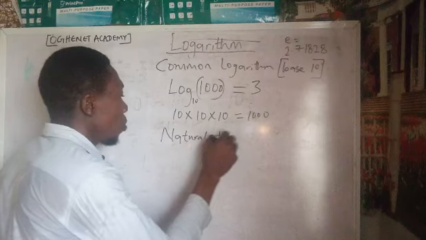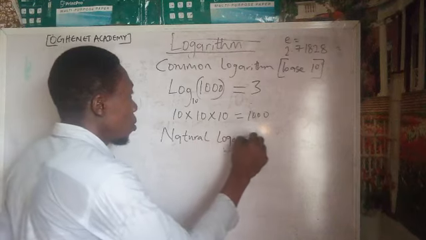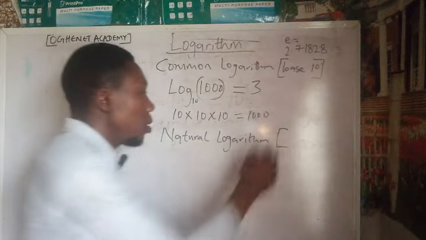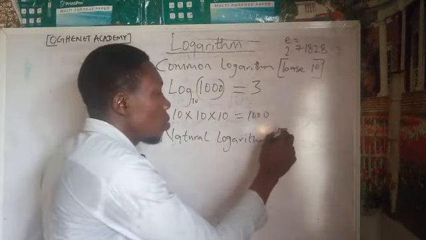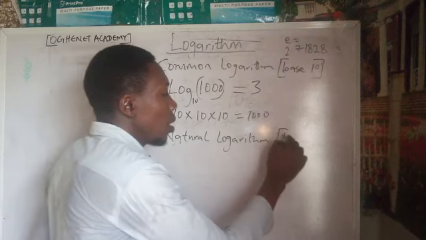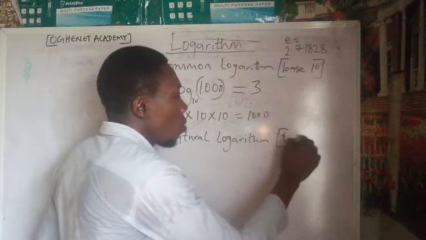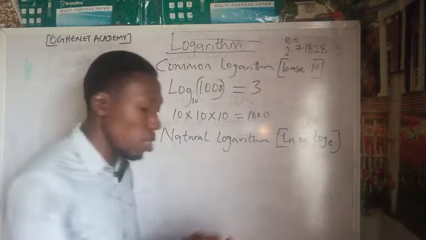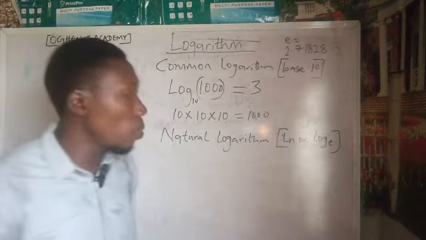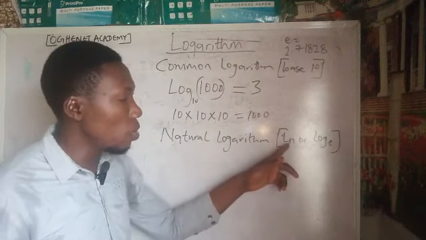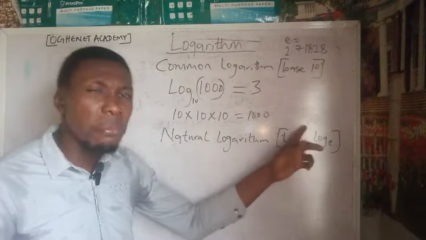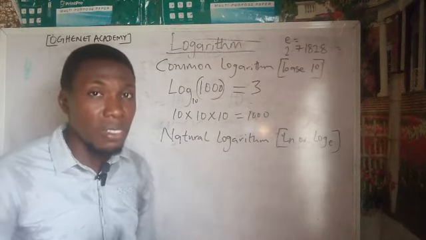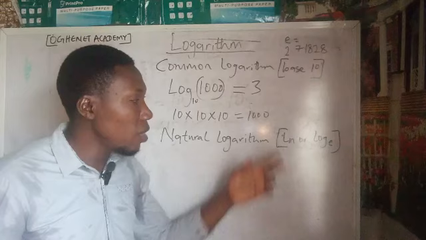Now we also have another logarithm that is called the natural logarithm. The natural logarithm is to the base e, normally written as ln or log e. In a scientific calculator, you will see ln.